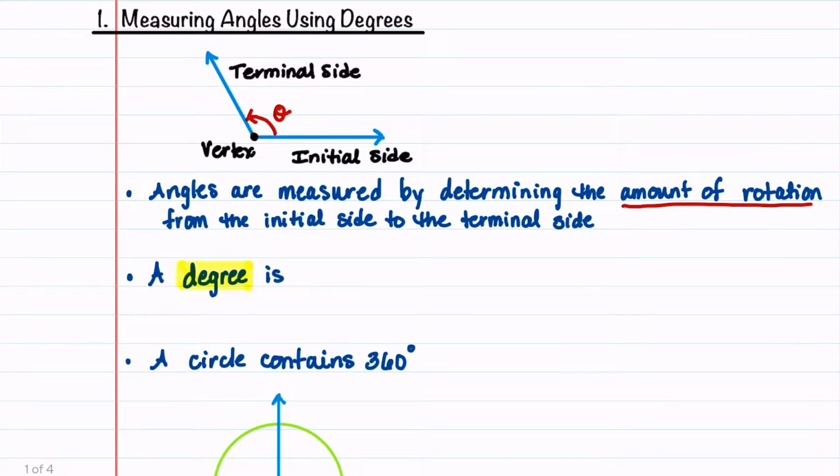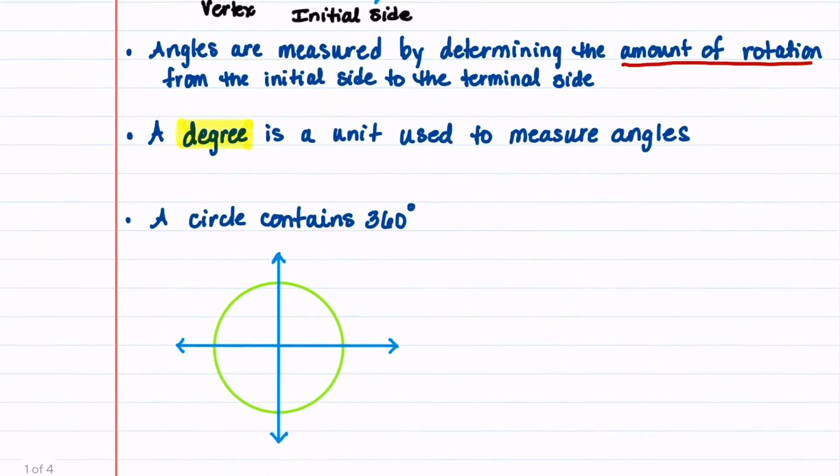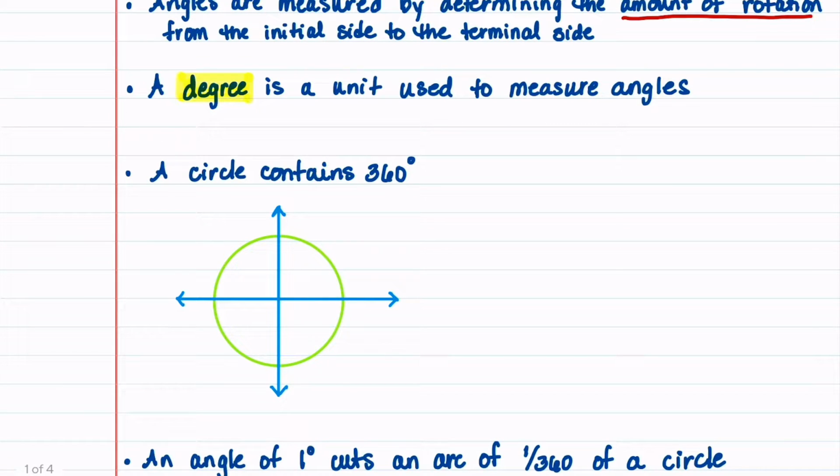A degree is, and let's go ahead and fill this in, a degree is a unit used to measure angles. It's symbolized by a small raised circle. A circle contains 360 degrees.